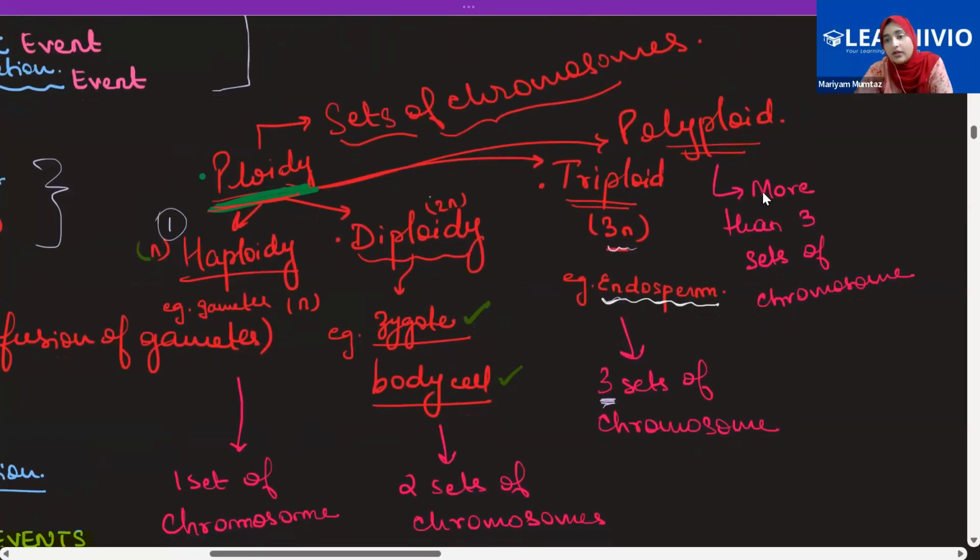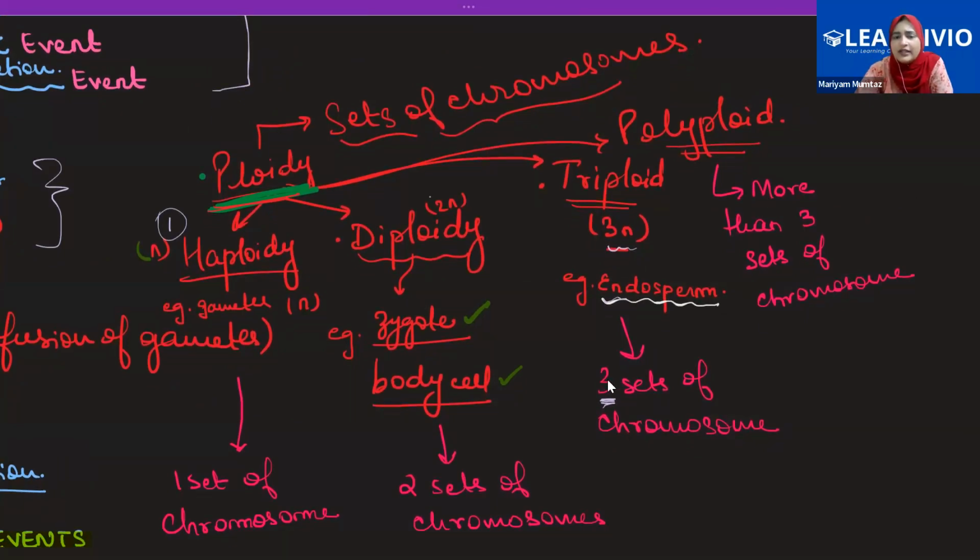You all have to study these one by one properly. You're going to encounter these words throughout this chapter. So is this ploidy thing clear to everyone? Yes. Any doubts? No. Okay.